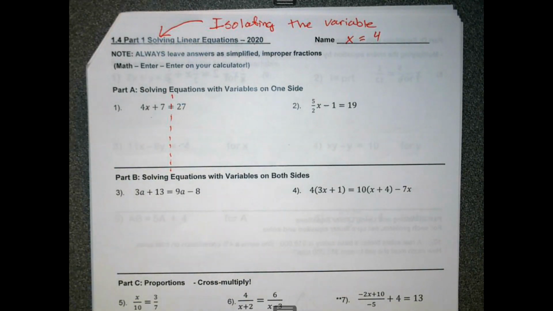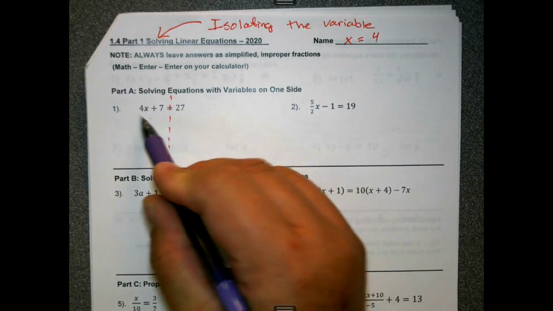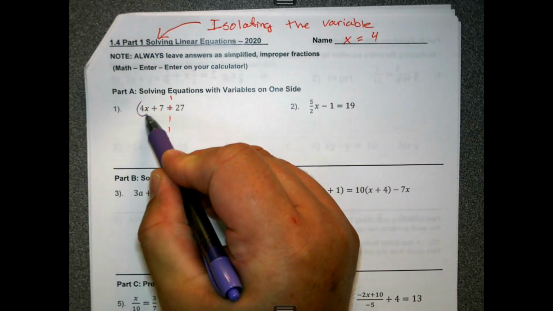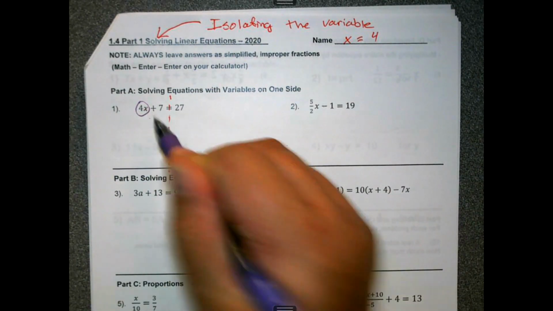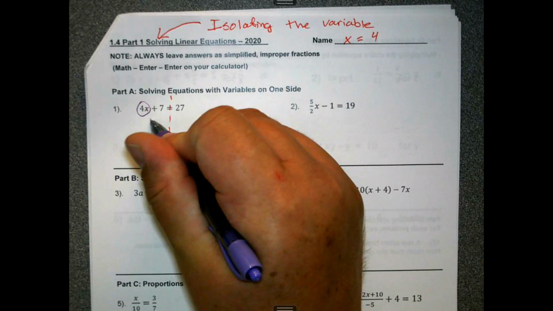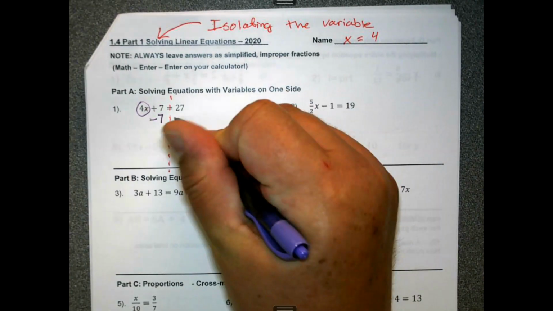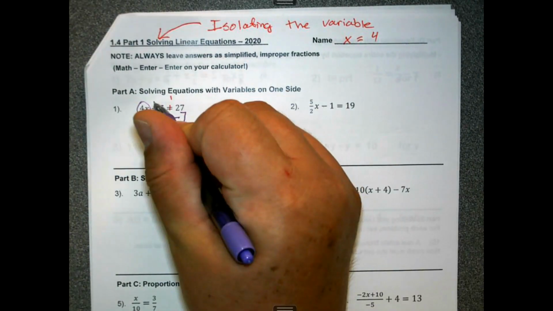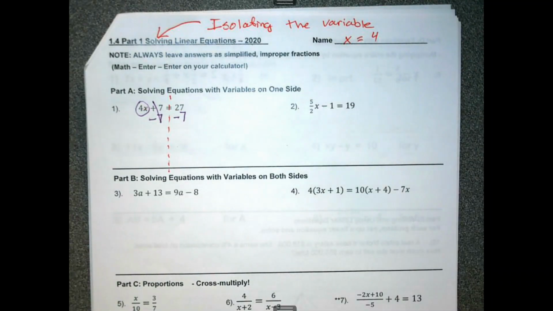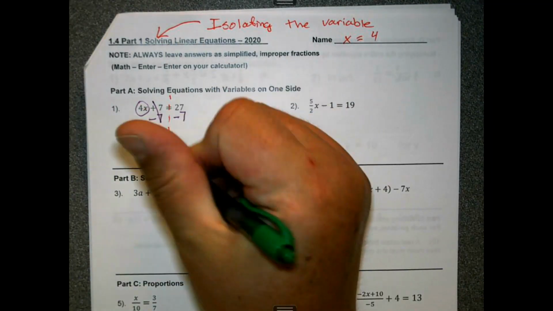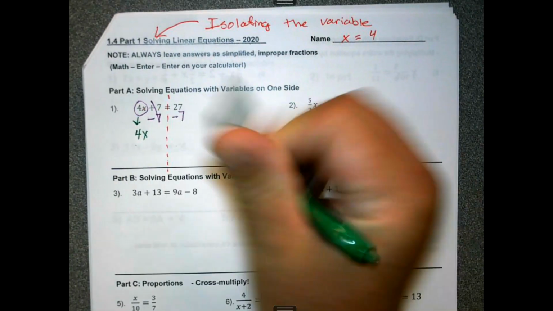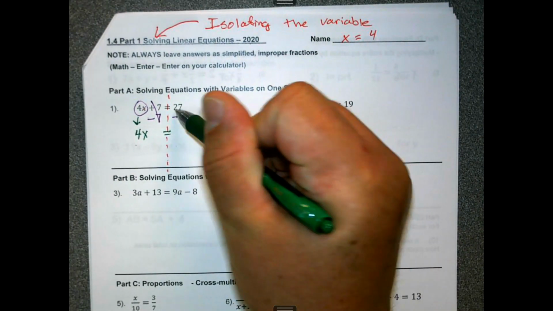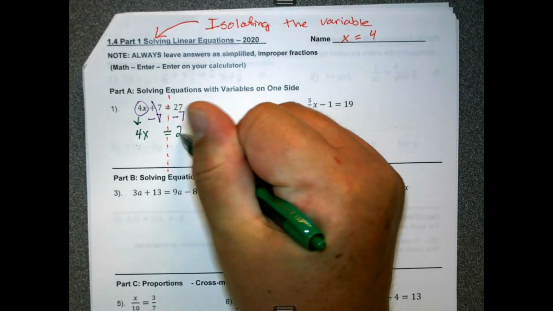masters at solving equations. Okay, so here I have to isolate the variable term first, right? Because I've got two terms separated by a plus sign. So I'm going to subtract the 7 first. Now, there's all kinds of ways you can do these. This is the way I do them personally. I bring down the 4x, and I get 27 minus 7 is 20.